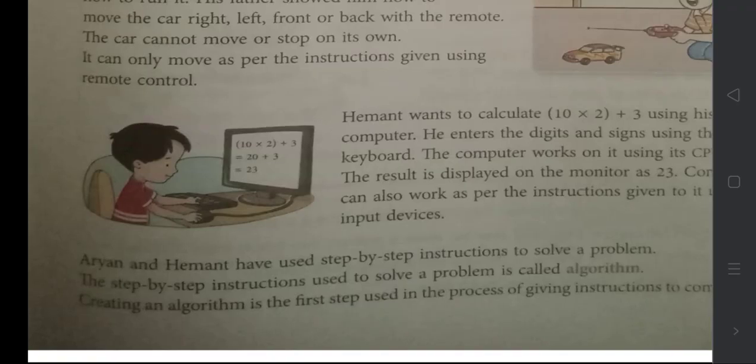Aryan and Hemant have used step-by-step instructions to solve a problem. The step-by-step instruction used to solve a problem is called an algorithm. That is stepwise thinking. If you want to turn on your computer, what should you do? You should get up from the chair, go near the computer and switch on the computer, then turn on the monitor.